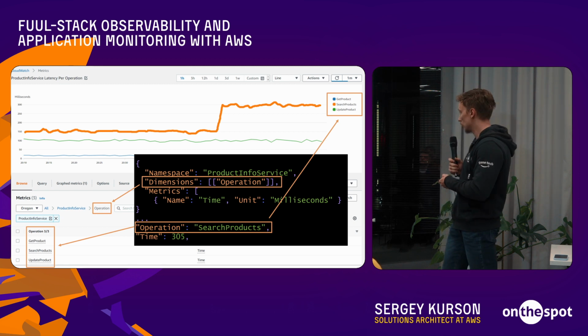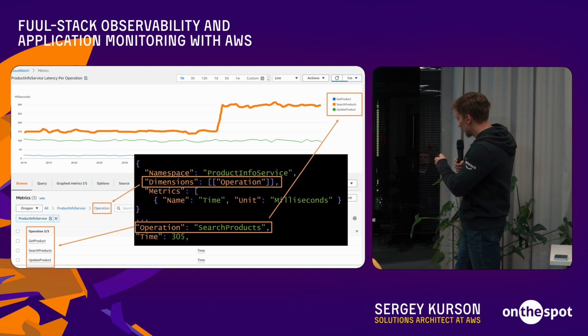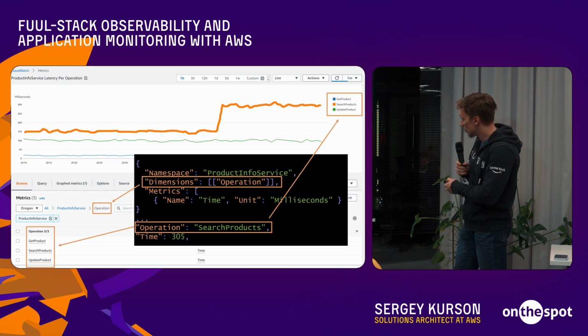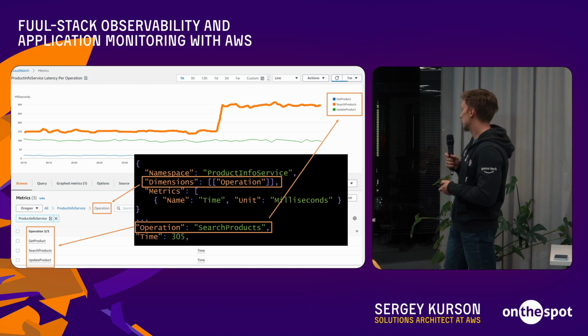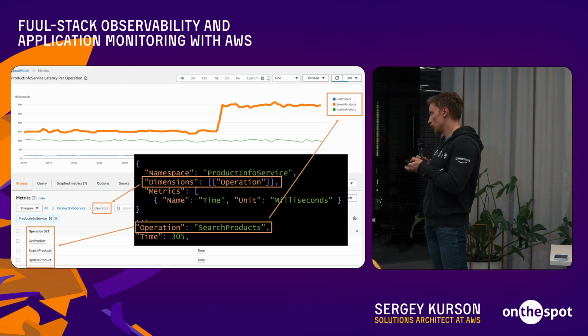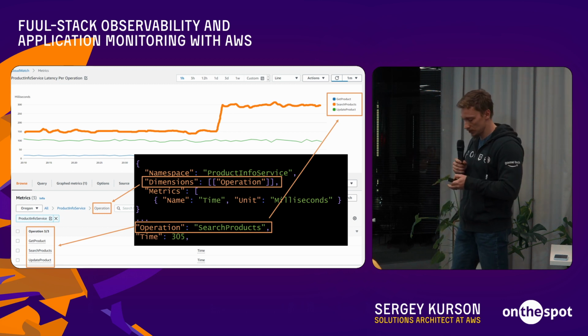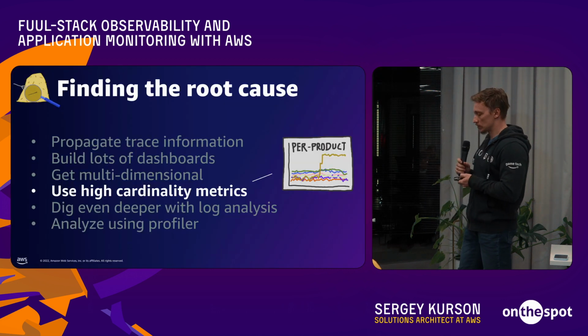In our case, it's an operation. So we identify an additional piece of information which says this exact operation did something wrong. This way we attribute our metrics, and this way we can finally identify that something goes off. So yeah, view dimensions.